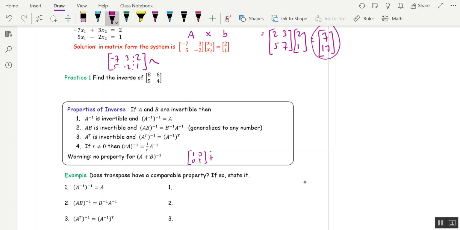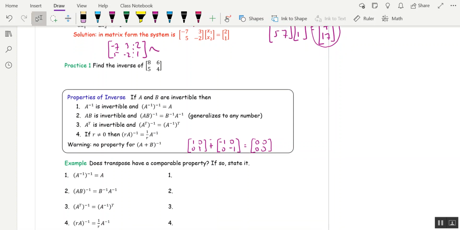So if I'm going to add that to -1, 0, 0, -1, that matrix is also invertible. If I add them, I get 0, 0, 0, 0. That's not an invertible matrix. Its determinant is 0. There's no matrix I can multiply that by to get the identity. So that's why there's no property for A plus B.